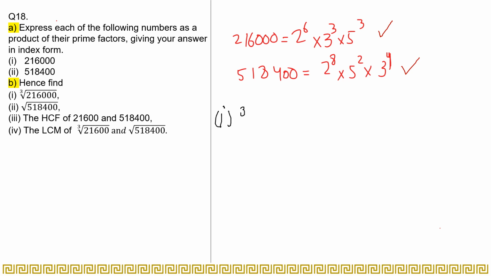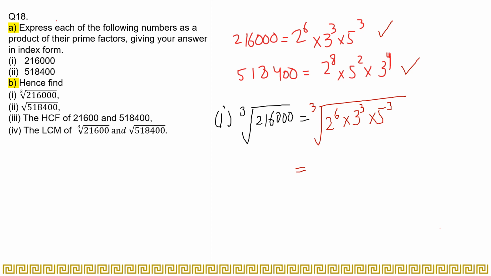We have to find the cube root of 216000. Now I can write it as the cube root of 2 to the power 6 multiplied by 3 to the power 3 multiplied by 5 to the power 3, right?